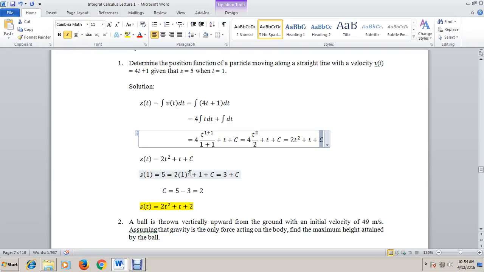Of course, 1 squared is 1, times 2 becomes 2. Now 2 plus 1 becomes 3 plus c. This is equal to 5. So 3 plus c is equal to 5.